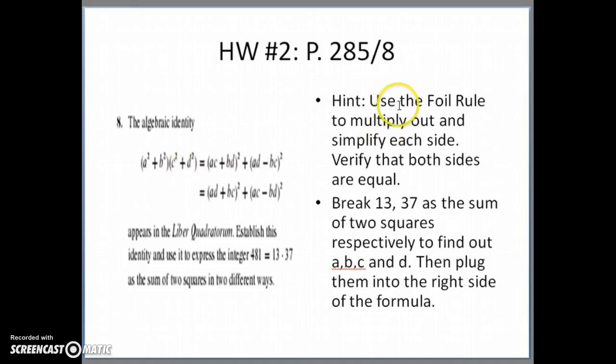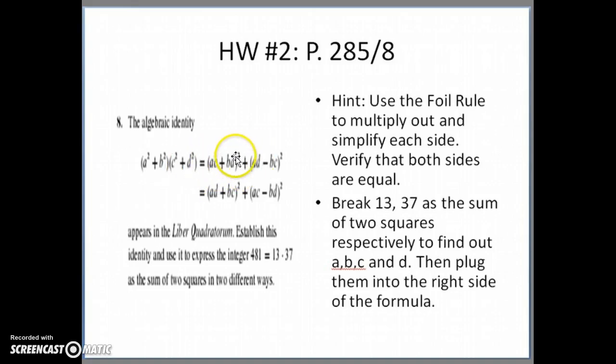What we do is use the FOIL rule to multiply out each side. For example, the left side we can multiply first, inside, outside, and last. And for the middle part here, we can do the same thing for the square.